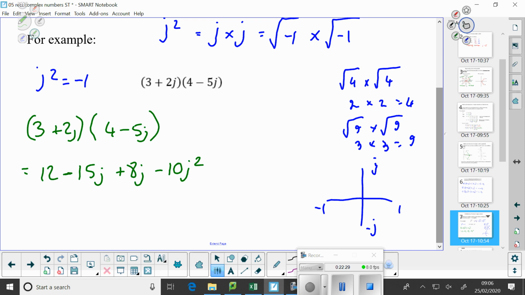So we can collect like terms. We've got one constant on its own here, 12. We've got minus 15 plus 8 is minus 7j. And here we've got minus 10. And remember, what else can we write j squared as?